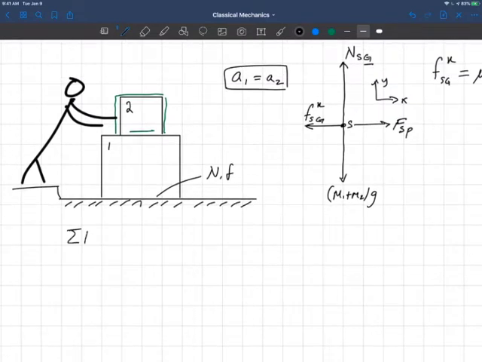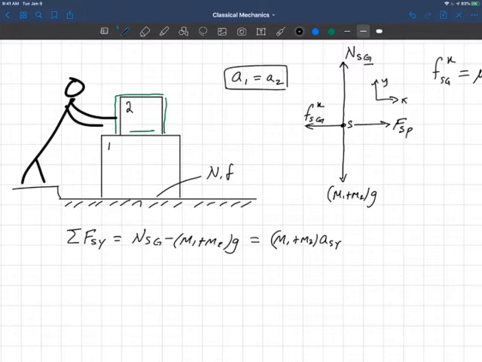So the sum of the forces on the system in the y direction is going to be N_SG minus m1 g plus m2 g equals m1 plus m2 times a_system,y. Right?